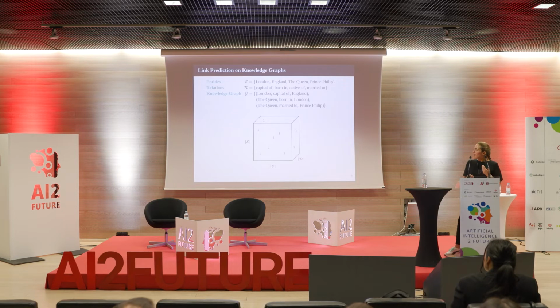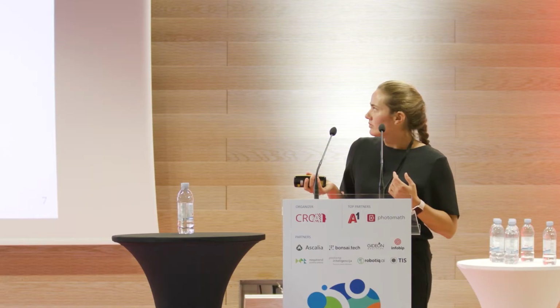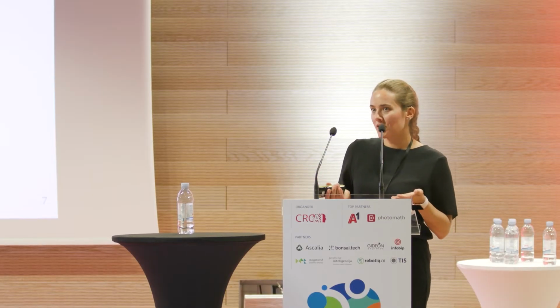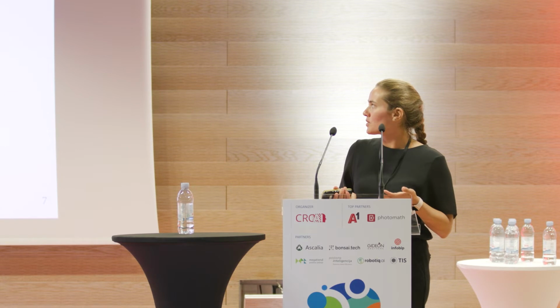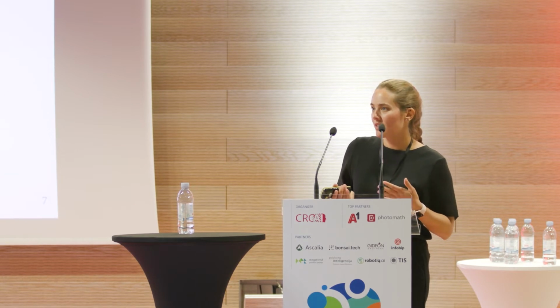Here, because we have multiple relations, we essentially have a matrix per relation. Once you stack all those matrices on top of one another, you end up with an adjacency tensor. This tensor is going to have a 1 if two entities are related under a particular relation, and everything else is going to be unknown. So again, the task of link prediction is to work out which of those unknowns correspond to true facts and which are false.